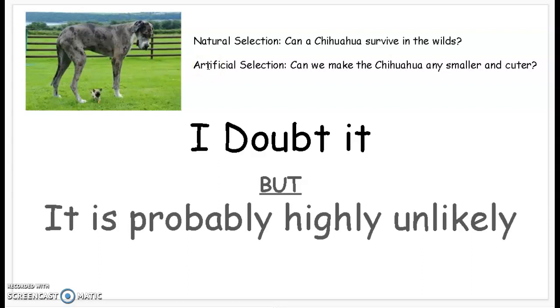In artificial selection, we say, oh my goodness, can we make this Chihuahua any smaller and cuter? Yes. Just keep finding smaller and cuter Chihuahuas and breed them. This series of questions should have already given you hints to the major differences between natural selection and artificial selection. Moving on.